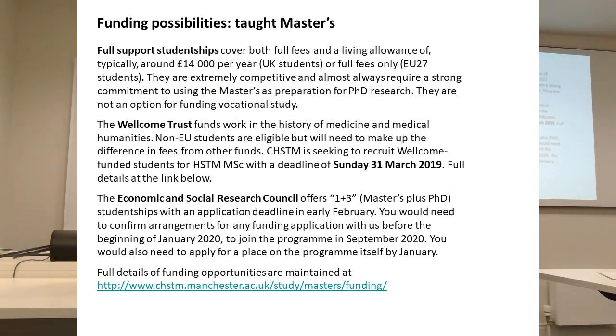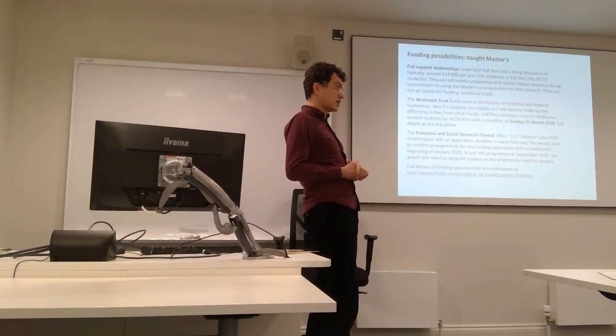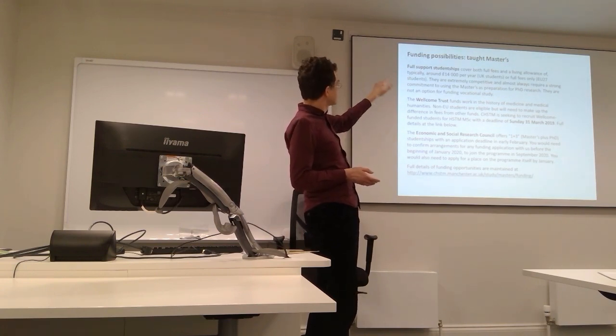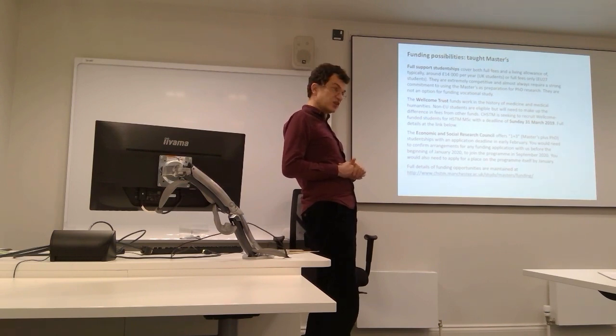These are very, very difficult to get, very competitive, but well worth having if you can get one, because for a UK student, they will pay all of the fees, whatever the fees happen to be, and on top of that, they will pay a living allowance, which is usually around £14,000 per year, and that is tax-free because you're a full-time student.